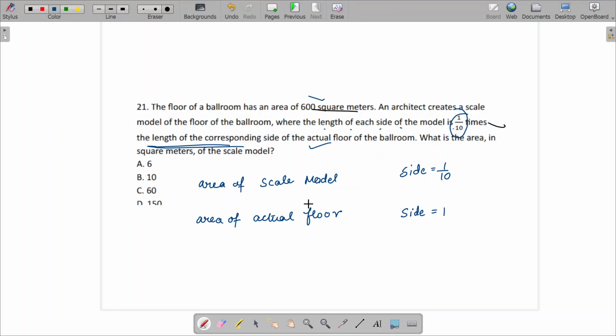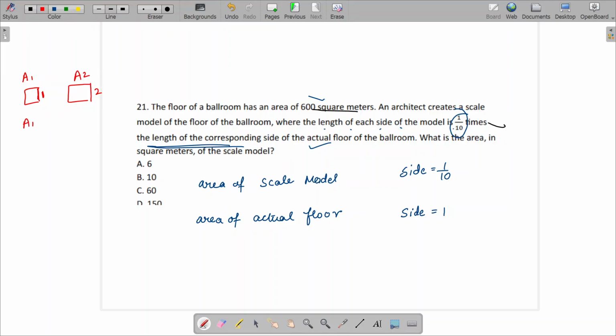So what I usually do, whenever the areas of two things are given, let me first make you understand the concept. Let's say the length of square A, whose area is A1, each side is 1, and here each side is twice of that, and let's say the area is A2.